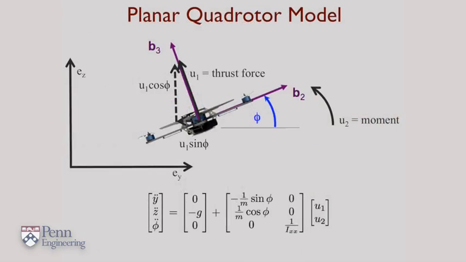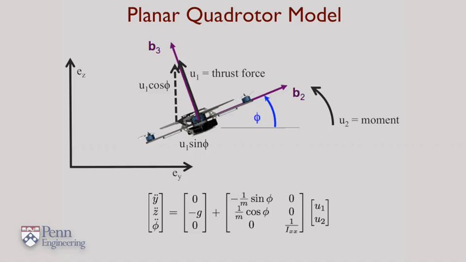We will assume that the robot cannot move out of this plane. In other words, there's no motion in the x direction. And we'll also assume there is no yaw or pitch motions. As a result, we come up with the three equations that you see here.